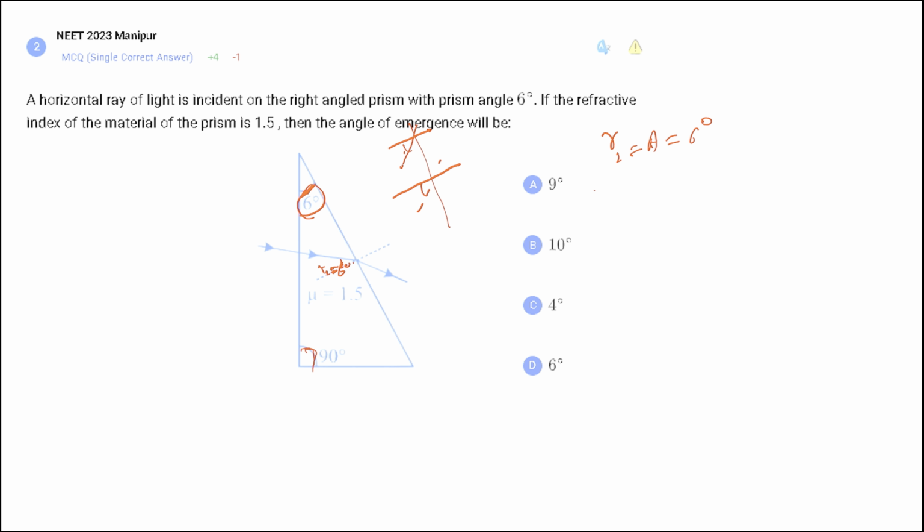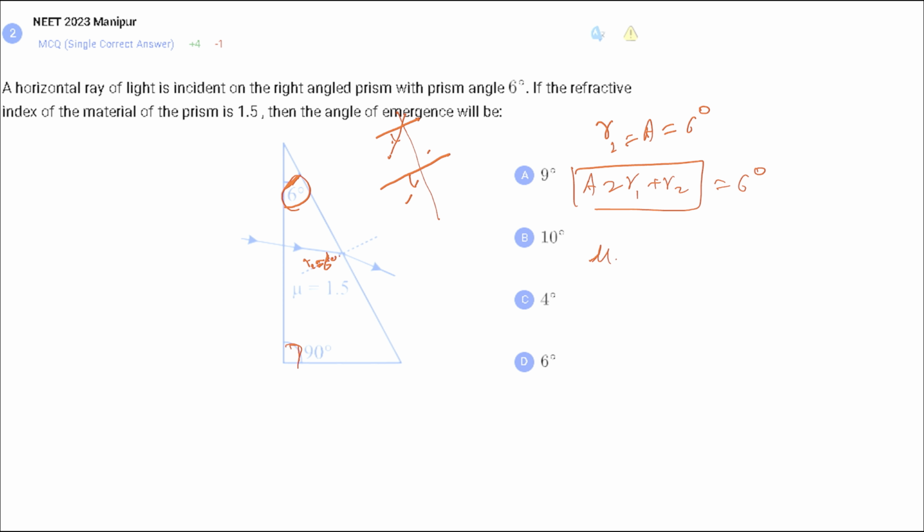Right? So we can say that A is equal to R1 plus R2, ये formula हमने पढ़ा है, and that is equal to 6 degree. So we can say how much, that is mu1 sin R2. I am talking about Snell's law applying at this point.